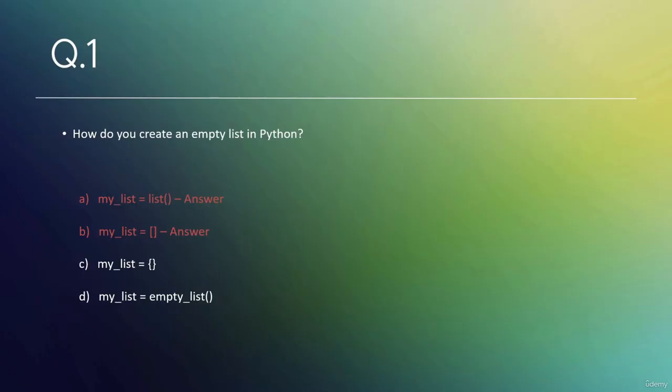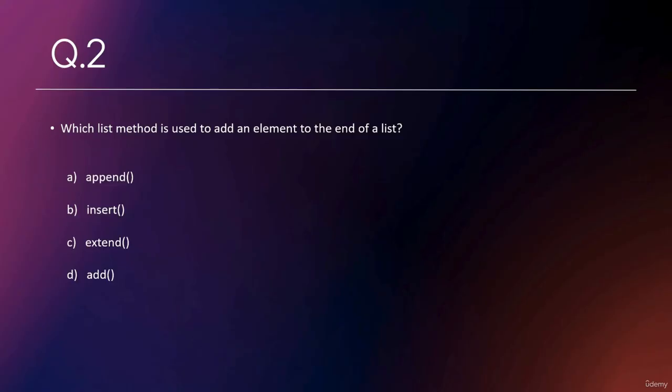Moving on, we have the second question, which is: which list method is used to add an element to the end of the list? So there are four methods listed here. You need to see if all of these methods are for lists, and for those which are for lists, which one is used to add an element at the end of the list specifically.